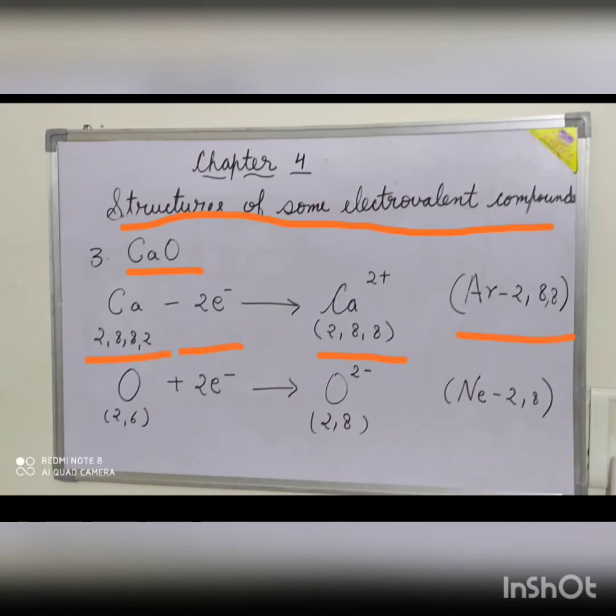Oxygen has atomic number 8 and the electronic configuration is 2,6, so it has 2 electrons less in the outermost shell, so it gains the 2 electrons given by calcium and forms oxide ion O2-, which has the electronic configuration 2,8, equal to the nearest inert gas neon.